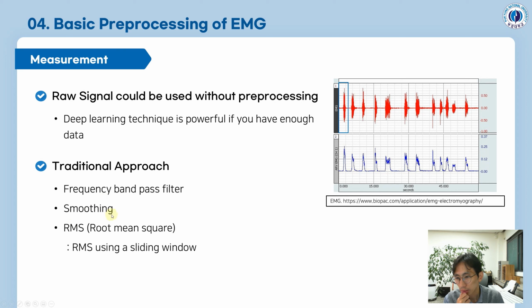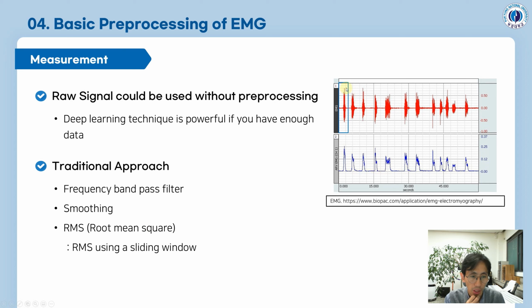Another thing you can do is smoothing. Using a sliding window, you can get a moving average or moving median filter. And the most common thing you can do is RMS, root mean square. This is also using a sliding window.